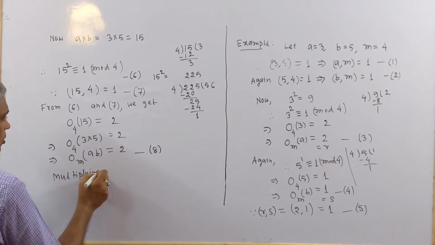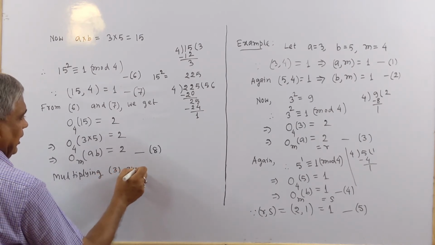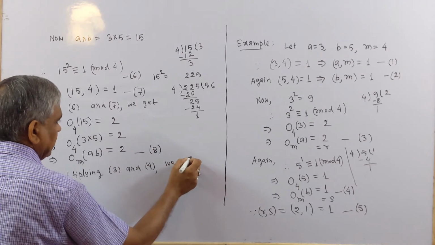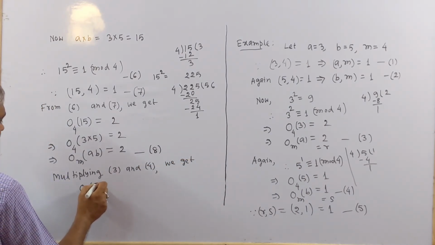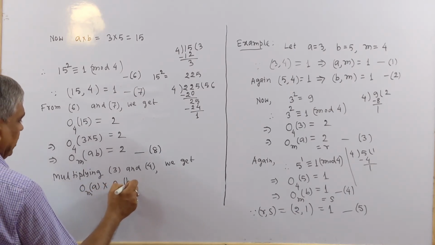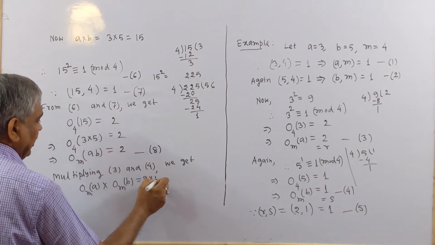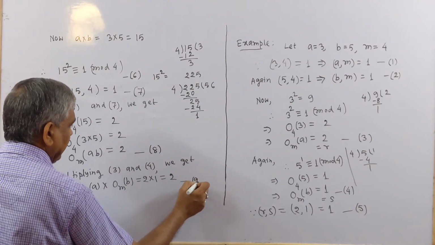Multiplying 3 and 4, we get order of a modulo m multiplied by order of b modulo m equal to 2 multiplied by 1, that is 2. This is number 9.